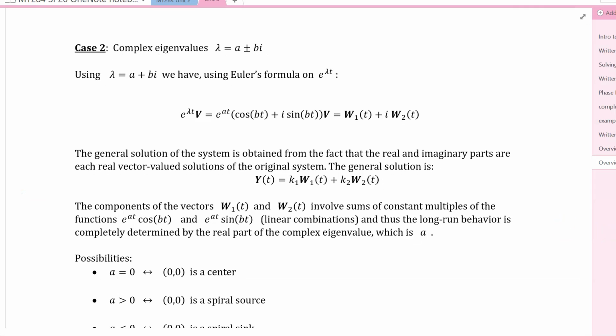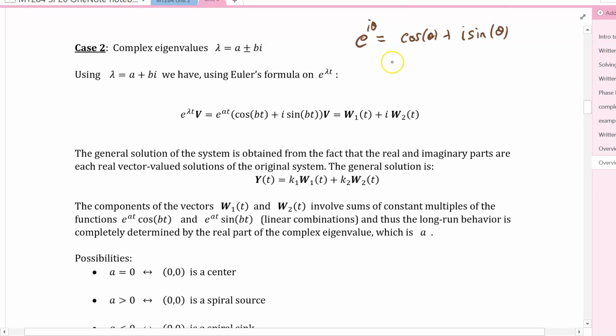Okay, and just remember what Euler's formula was. I'm just going to write that out. So it's e to the i theta is equal to cosine of theta plus i sine of theta. So if we're using e to the (a plus bi)t, and we have to distribute the t through the parentheses here, we get e to the at plus i bt.